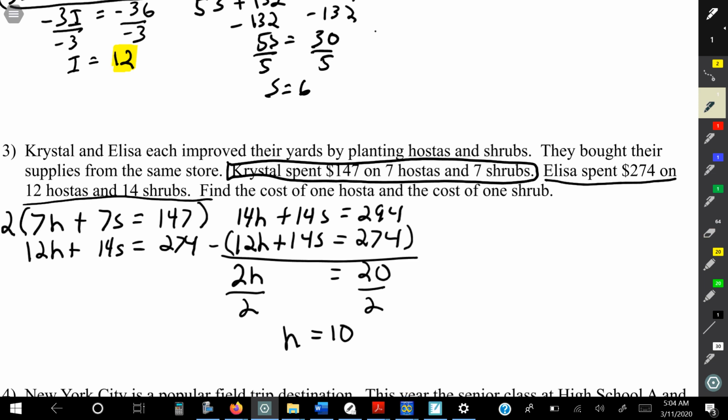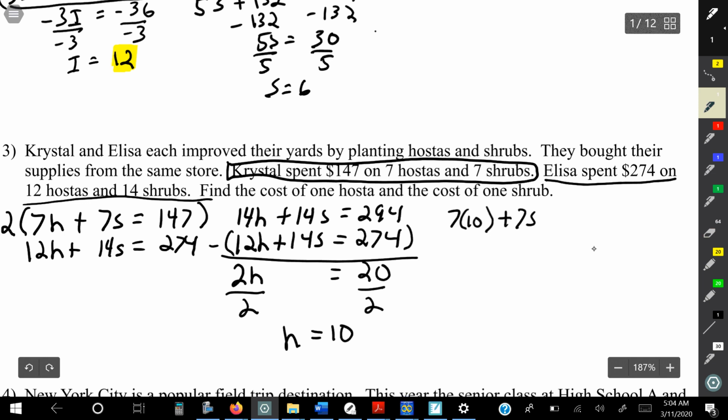Now I'm going to pick the original equation when I plug in this h. So I'm going to take the top equation here, and you could take either one, but I'm going to take the top equation and plug in 10 here. And make sure you plug it in for the right variable.